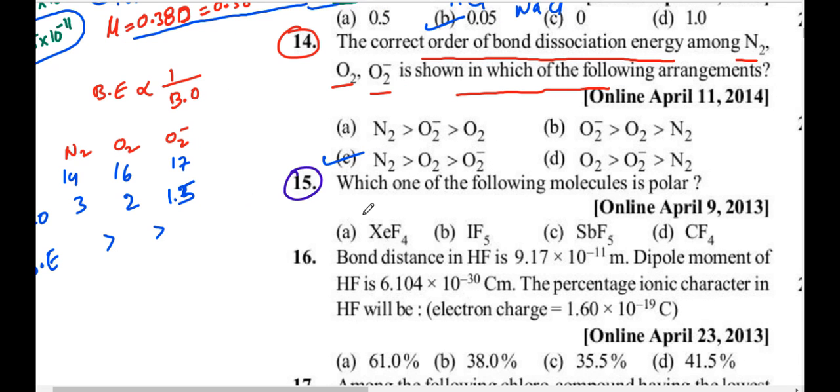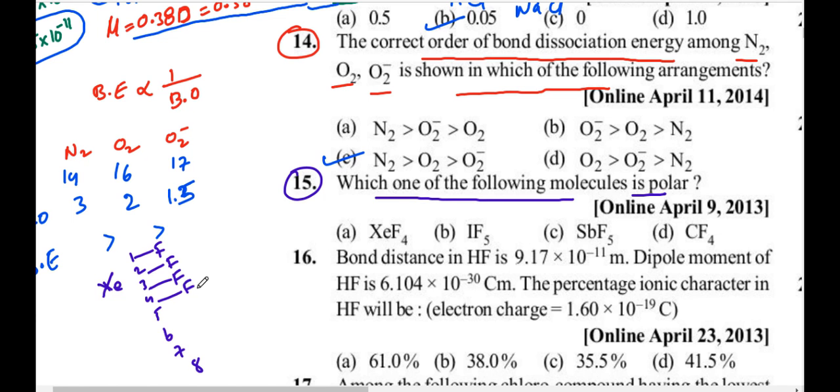Question number 15. Which one of the following molecules is polar? Geometry you have to know. XeF4, xenon has total 8 electrons. 4 fluorines are there, means 4 electrons involved in the bonds. Remaining 2 lone pairs are there.